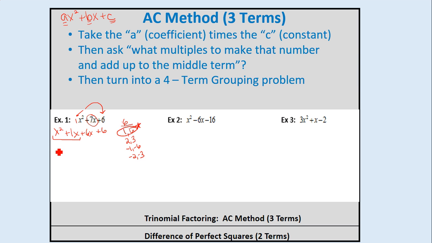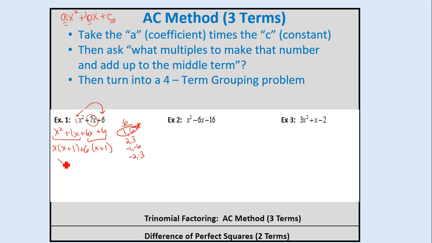What's something common I can divide out of those? I can take an x out of both of those. That would leave me with an x plus 1. What can I divide out of both of those terms? They both have a positive 6. So I'll place the 6, and then we'll have x plus, remember, 6 divided by 6 is 1. So I know I'm going to have these two factors.